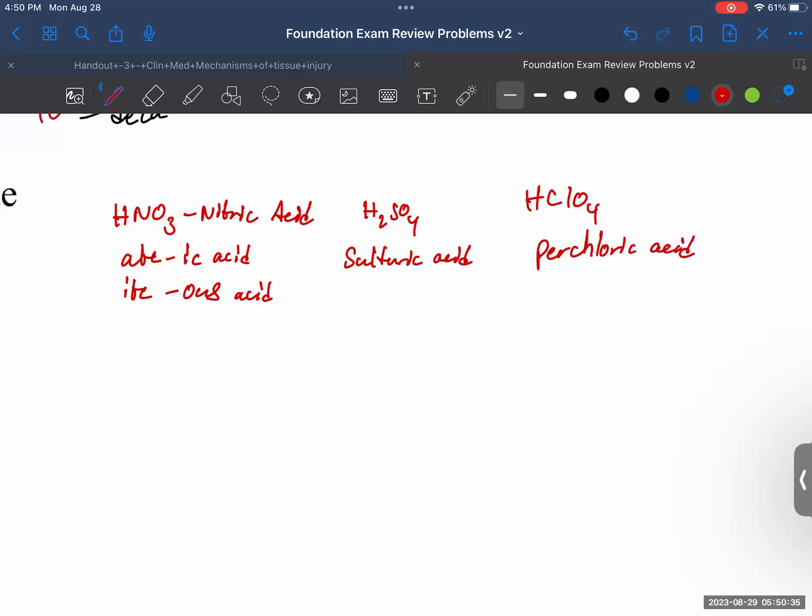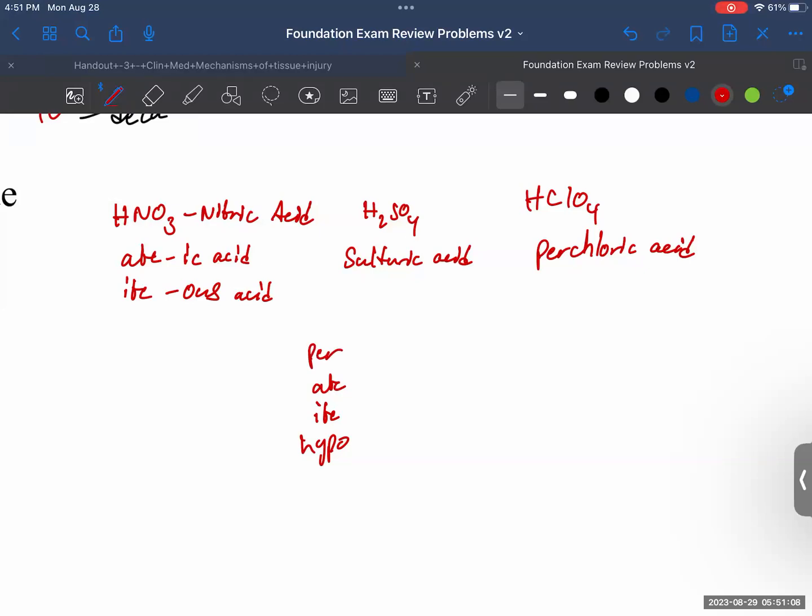So what polyatomic ion does this come from? Perchlorate. So another rule with your polyatomic ions: ClO3 is chlorate. If there's one more oxygen, it would be perchlorate. If there was one fewer oxygen, it'd be chlorite. And if it was two fewer, it'd be hypochlorite. So it always goes in the order of hypo is lowest, then ite, then ate, and then per.